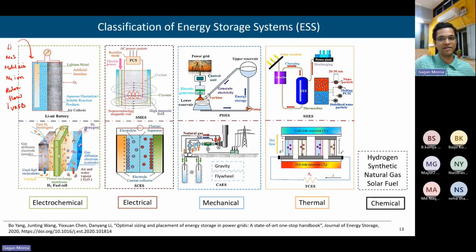Then thermal energy storage. These are also of different types. Last time we also saw solar thermal energy storage. There is one sand battery also. There is one company which has come up with a sand battery. They heat the sand to a very high temperature, more than 1,000 degrees, and the structure is made such that the loss of heat is negligible. It's very less.